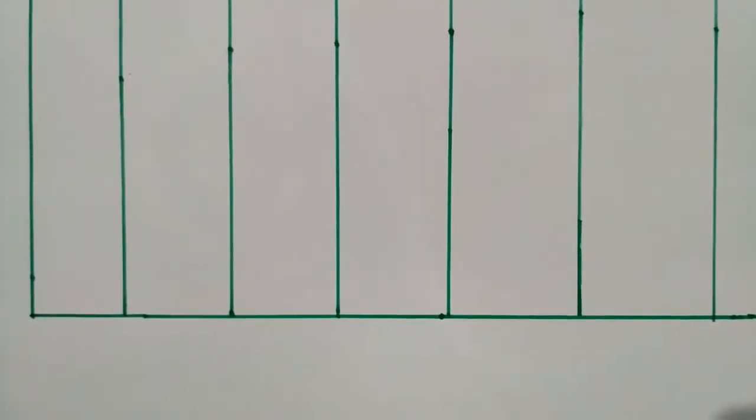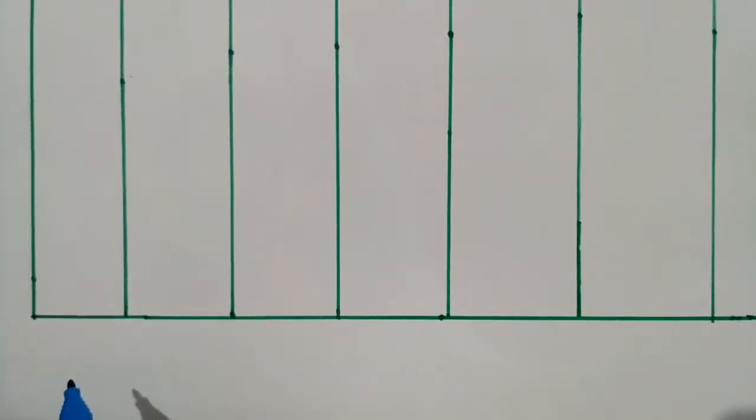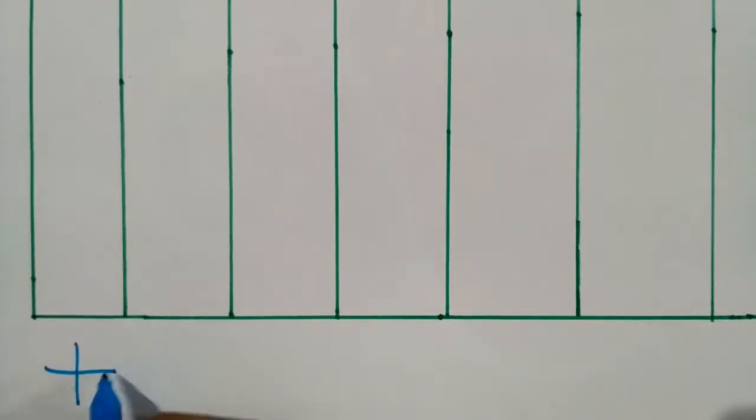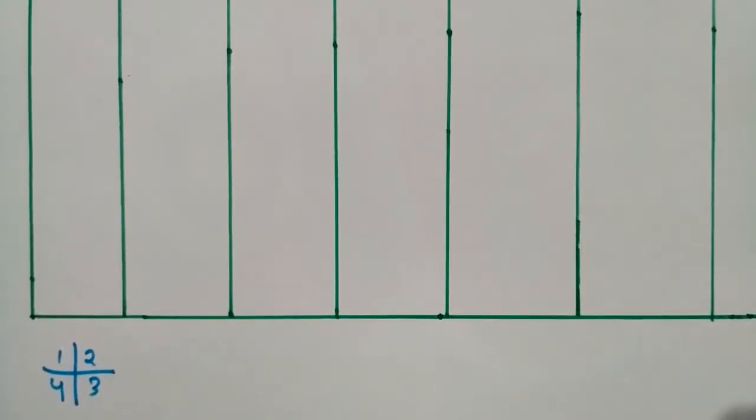Now, first of all, in a quadrant there are 4 parts. You can see here, if this is a quadrant, there are 4 parts: 1, 2, 3 and 4. First it is sine, then cos, then tan, then cot, then sec, then cosec.